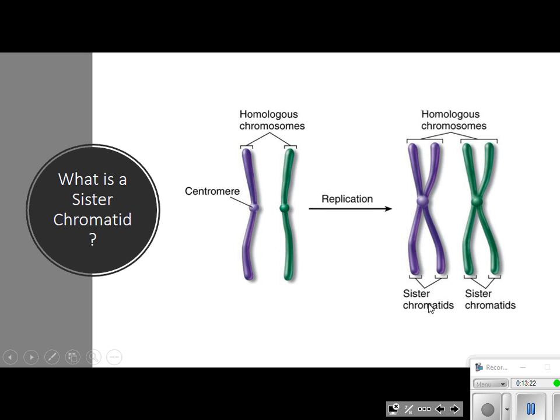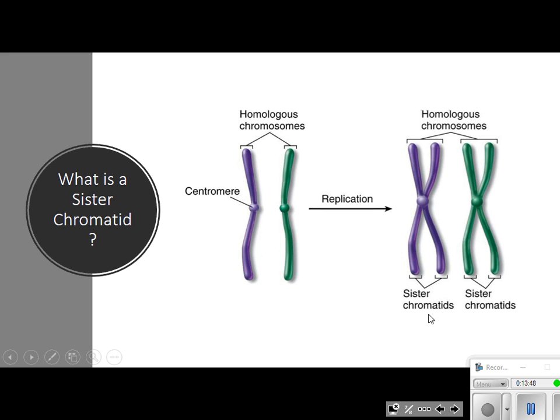So a sister chromatid is a duplicated chromosome that is identical because it's duplicated. Now, I don't know if we'll talk about this. We'll probably talk about it more in meiosis. Something called crossing over will happen. Okay?